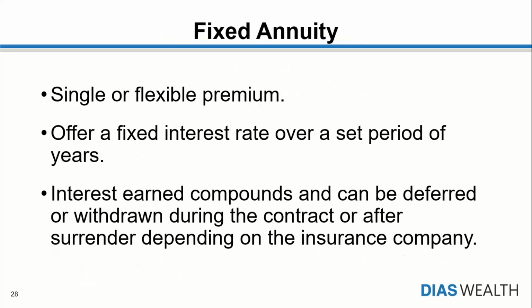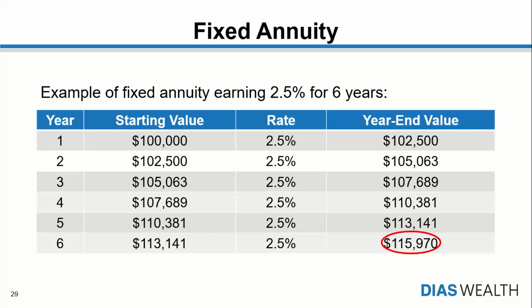Fixed annuity, you can fund it either with a single or flexible premium. Simple enough, plain vanilla, offers a fixed interest rate over a set period of years. A lot of times they use the term CD alternative, and you'll probably see it in the next couple of slides. Just a really quick example, let's say you found a fixed annuity specifically that earned 2.5% for the next 6 years.